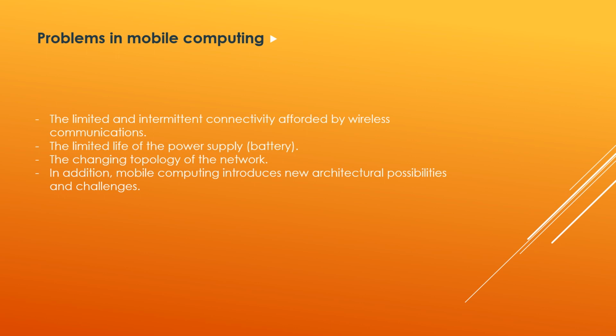But in mobile computing, the problems are more difficult, mainly because of the limited and intermittent connectivity afforded by wireless communications, the limited life of the power supply, and the changing topology of the network. In addition, mobile computing introduces new architectural possibilities and challenges.